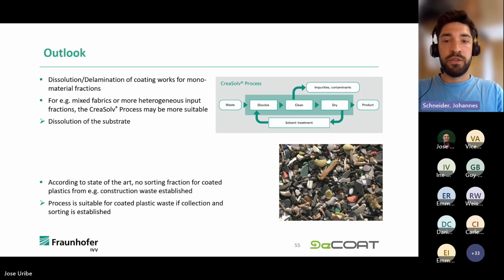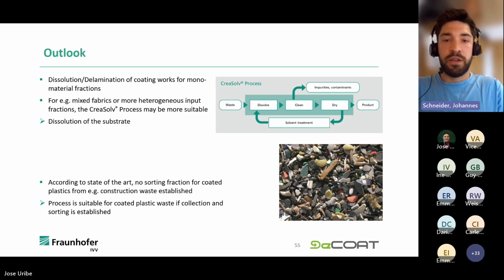According to the state of the art, there are currently no pure sorting fractions for coated plastics, for example, from construction waste. So we would have to have a fraction where we get the waste that we want to recycle.